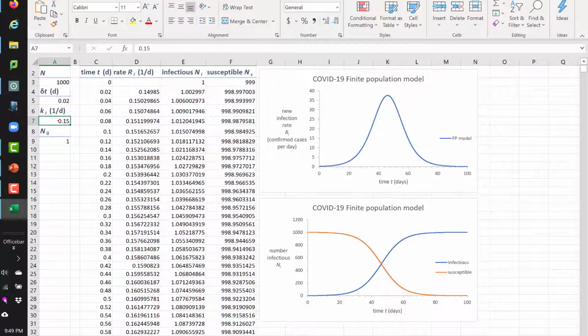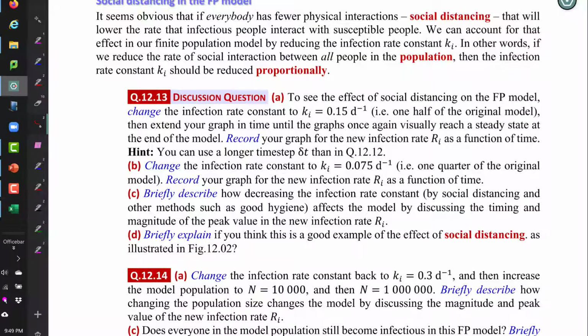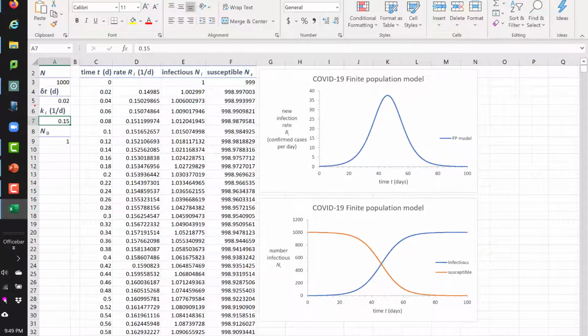Let's see what happens if we lower it even further. I think that's what the question says. Yes, it says lower it to 1/4 of the original and see what happens. We might even be able to guess what's going to happen, but let's just put the number in and see. That's one of the fun things about doing this in Excel.